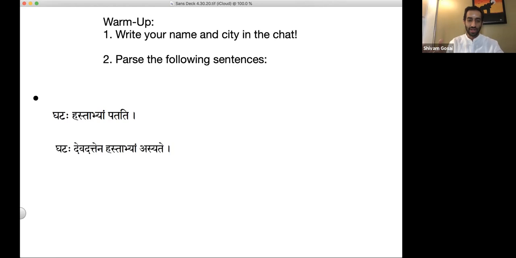It's the apadanam, the origin of action. So we can say that this is 5-2, Panchami Vibhakti Dvivachanam, and the arthaha is Apadane Panchami to Patati. So the pot falls from the hand.